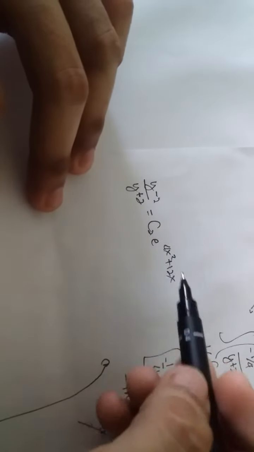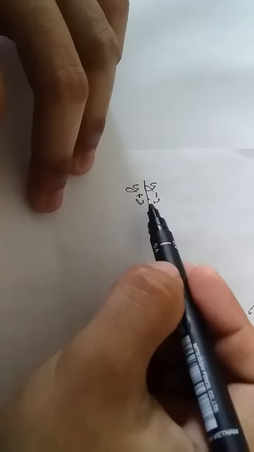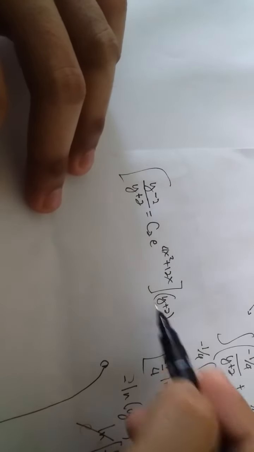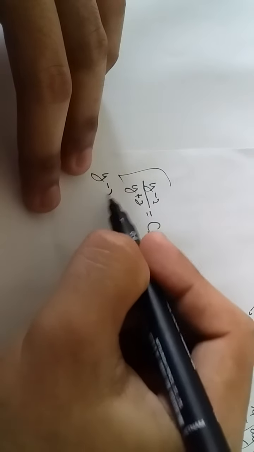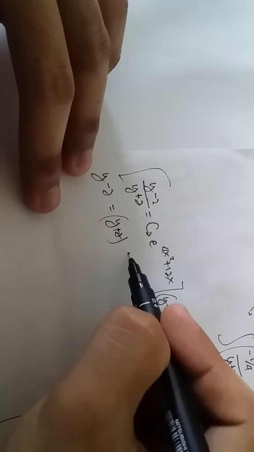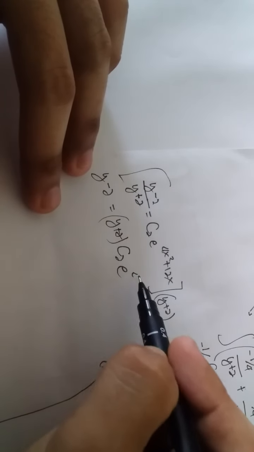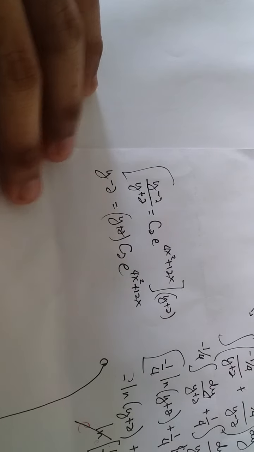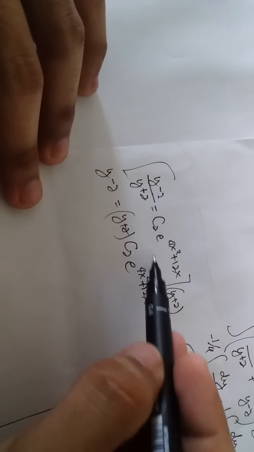Notice that we can dissolve this fraction by multiplying both sides by y plus 2. So it would become y plus 2 times c sub 2 e to the power of 4x squared plus 12x.